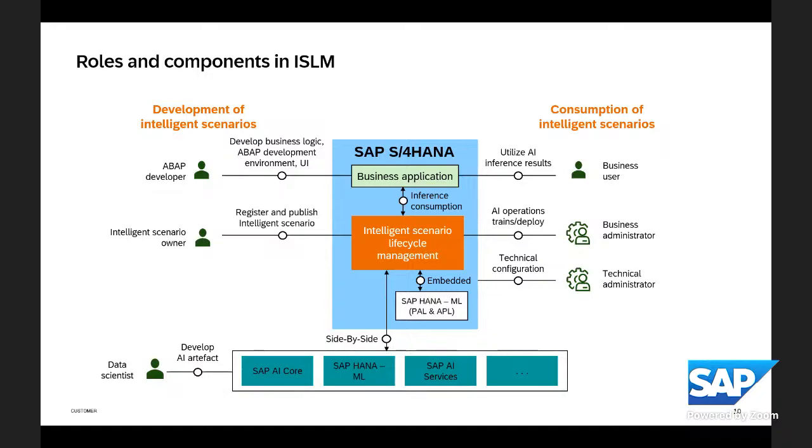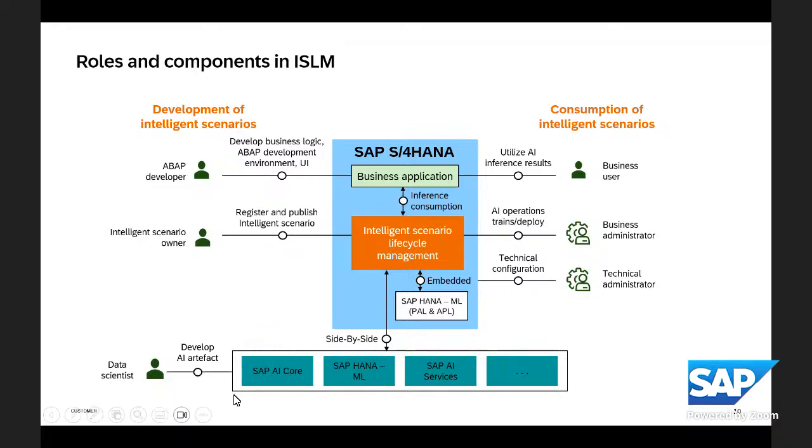So here we can see a simplified architectural picture, which basically revolves around intelligent scenarios, which is basically the binding entity between the business application and any kind of AI runtimes or SAP HANA ML in the embedded case, or in case of side-by-side, the AI services.